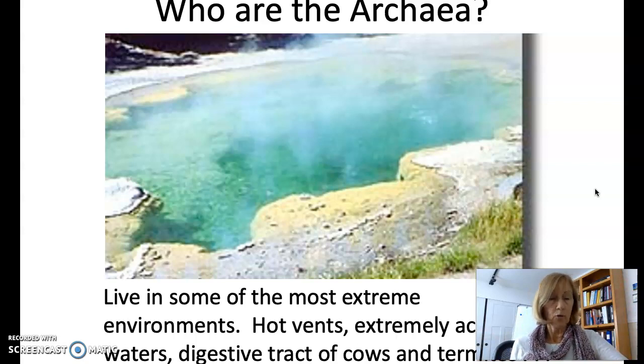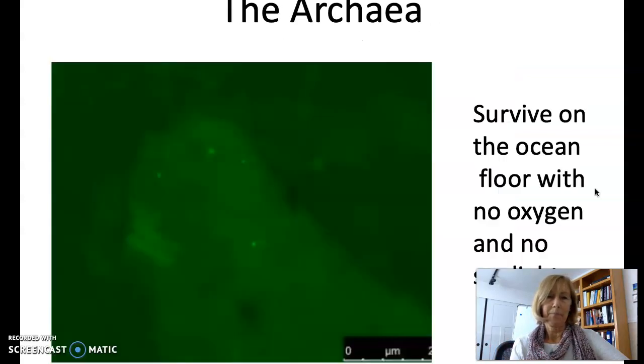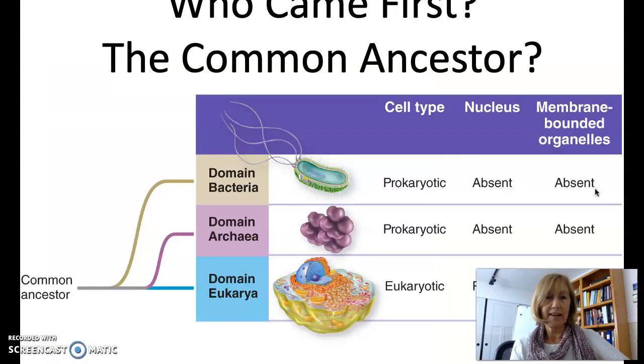Have these living organisms that are really strange that they can survive, that anything could survive in that bubbling water. So those are the archaea. That's just a picture of them collecting these guys on microscope slides in Yellowstone Park. They also survive on the ocean floor where there's absolutely no oxygen. So the weird ones are the archaea.